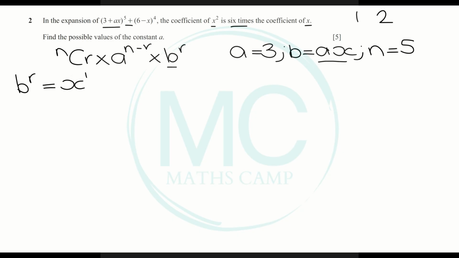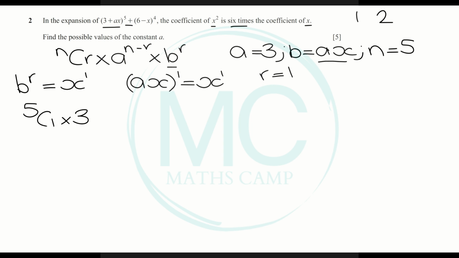In this case, b is ax, which means ax with an exponent of 1 will give us x with an exponent of 1. That means to find our x term, r is equal to 1. Now we can fill our values into the formula. We have 5C1 multiplied by 3 with an exponent of 5 minus 1, which is 4, multiplied by ax with an exponent of 1.